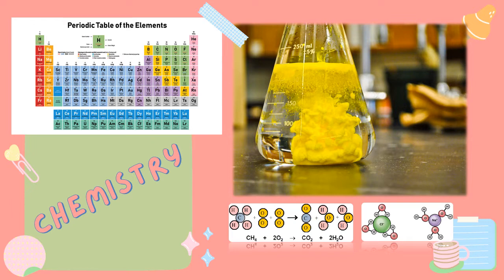Maraming elements na possible i-combine sa other elements na magpo-form ng new product. Example, carbon plus oxygen is equal to carbon dioxide. Another is iron plus oxygen equals iron oxide, or yung rust, kalawang.